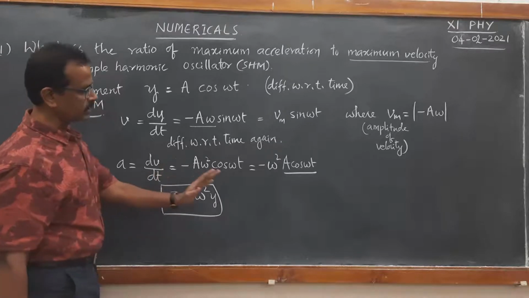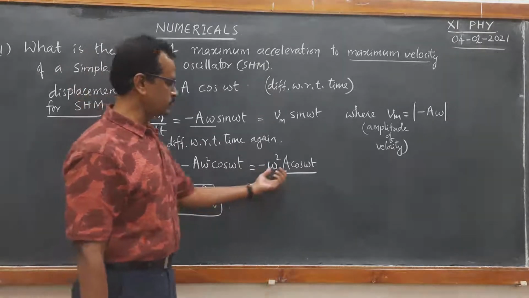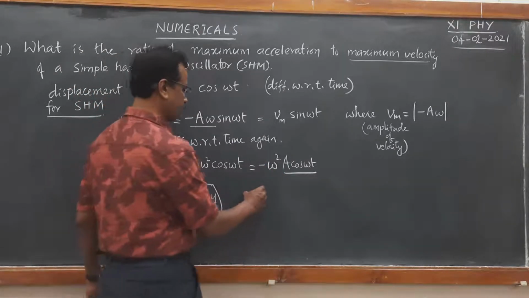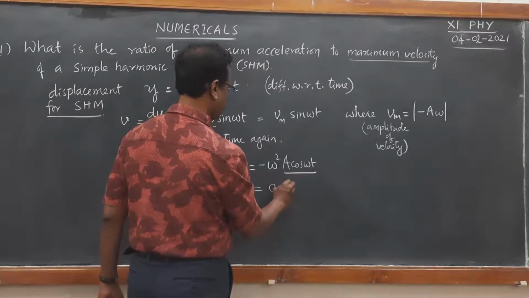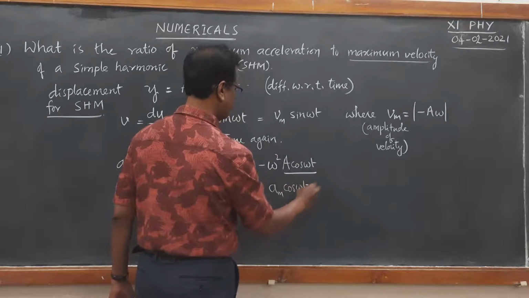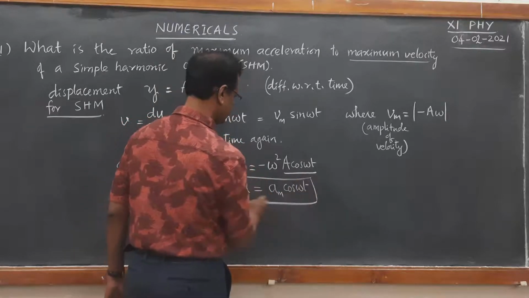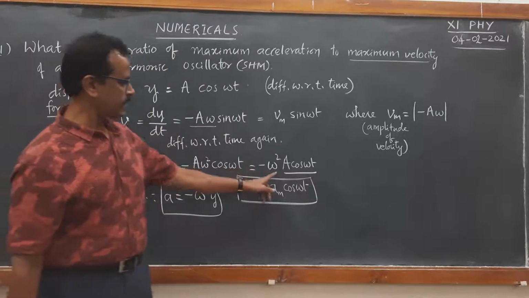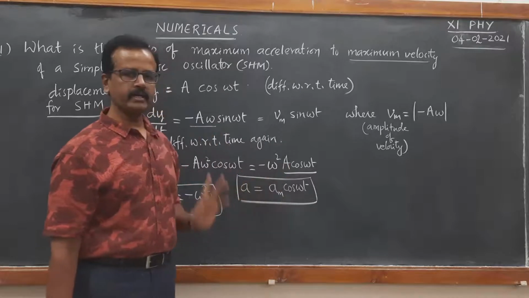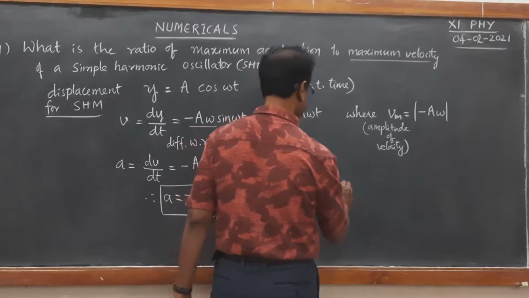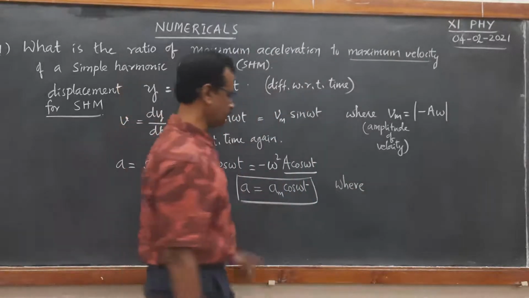Now at present we are interested in the maximum acceleration. From the equation a equals minus omega square A cos omega t, Am is equal to minus omega square A, the peak value of acceleration.